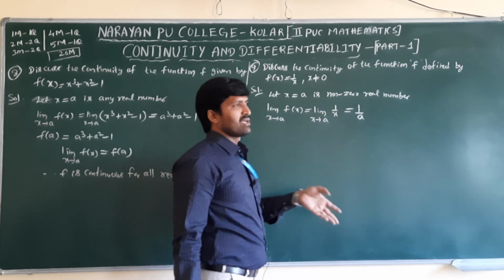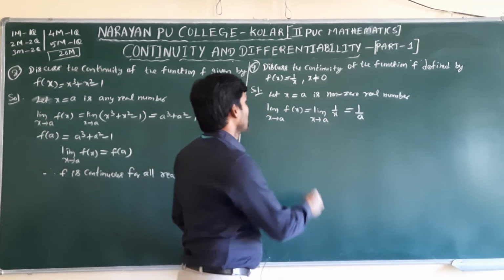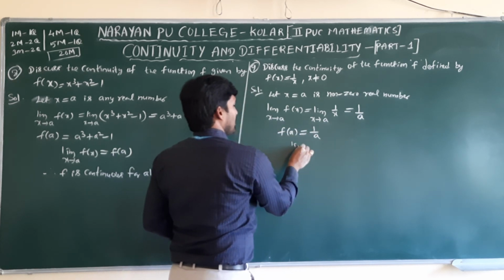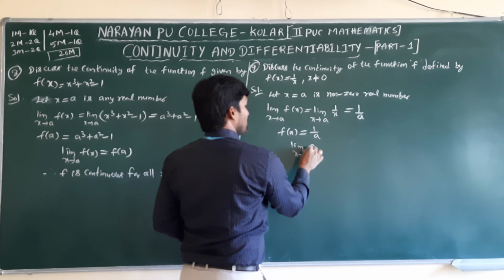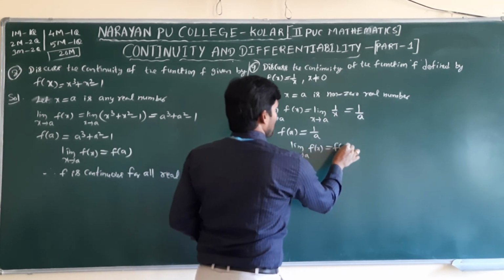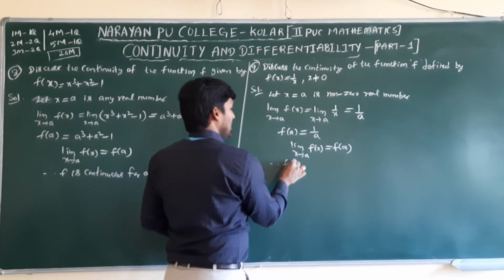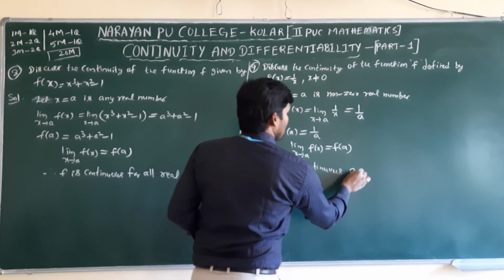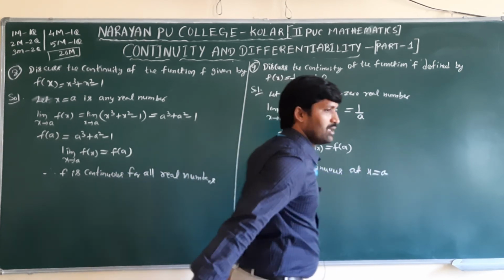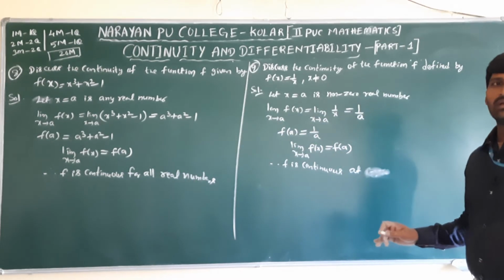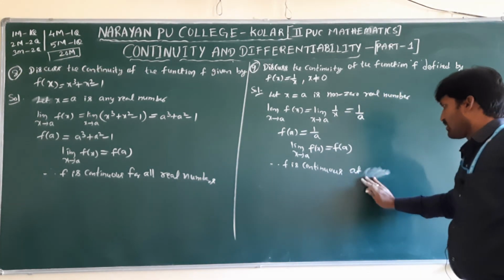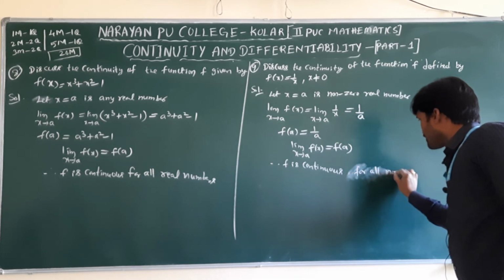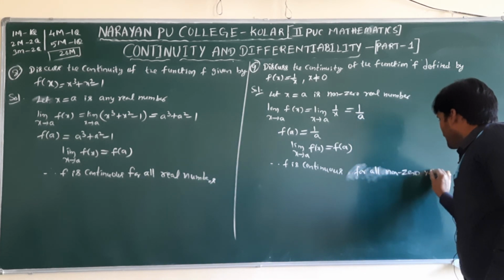Function value f of a, directly substituting, f of a is 1 by a. Again the limit value and function value are both the same. So limit x tends to a, f of x equal to f of a. Therefore f is continuous at x equal to a. A is which number? Non-zero real. That's why f is continuous for all non-zero real numbers.